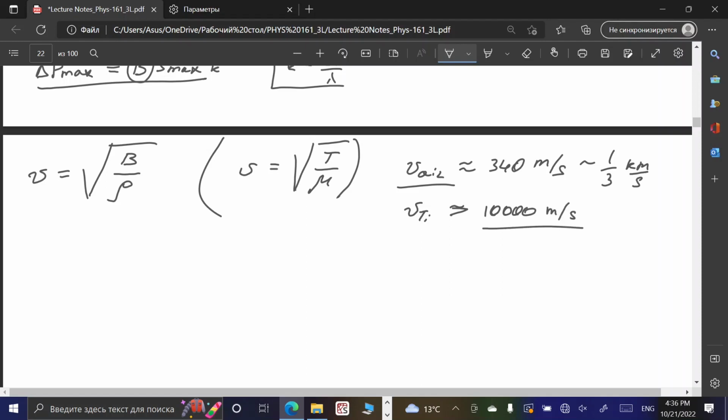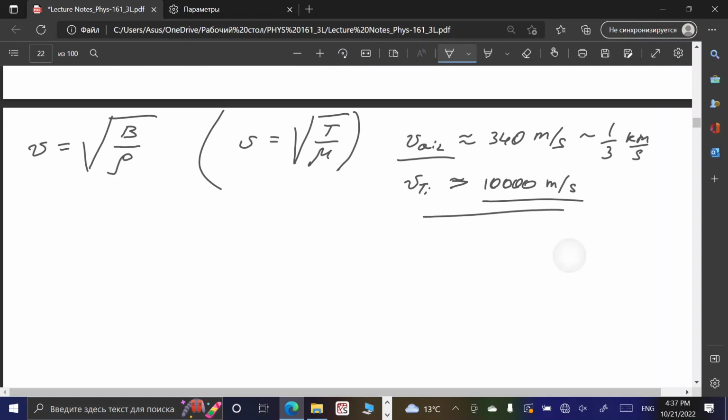It's almost the second space speed, which is the escape speed from planet Earth. We were calculating, it was something like 11.2 kilometers per second, and for titanium we get 10 kilometers per second.